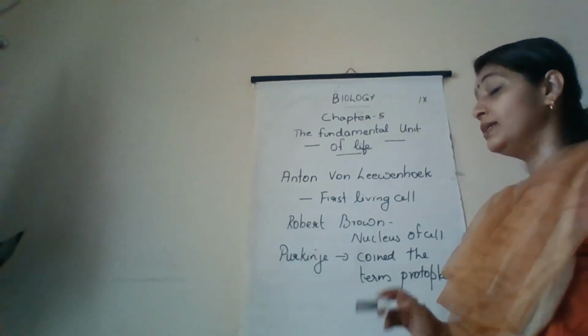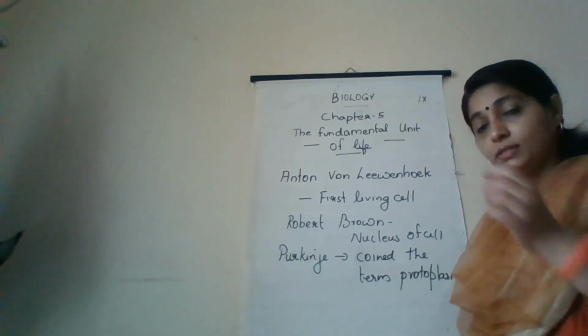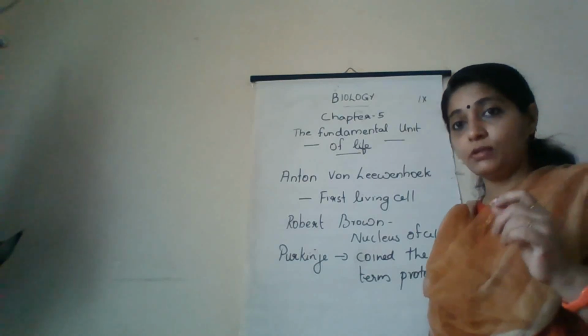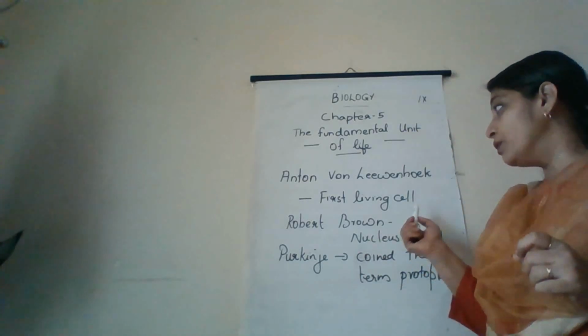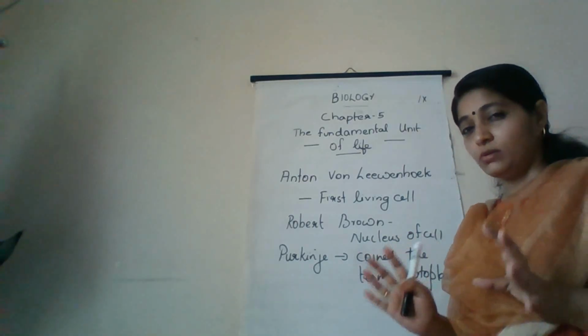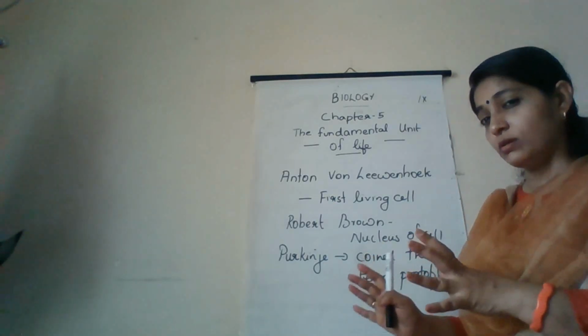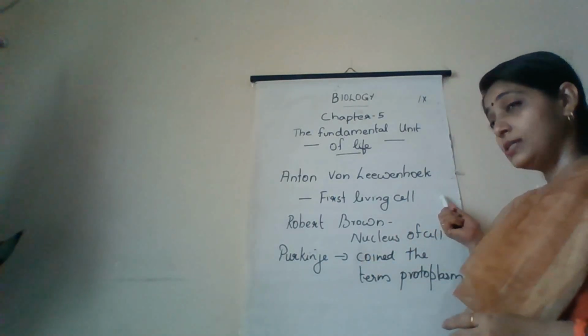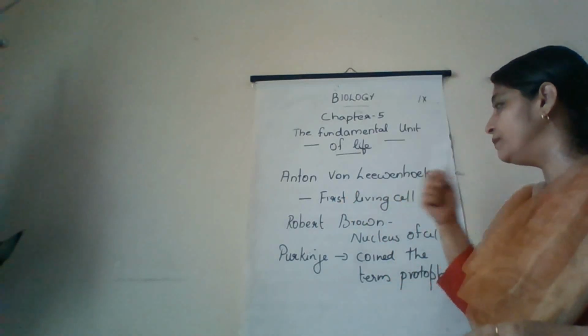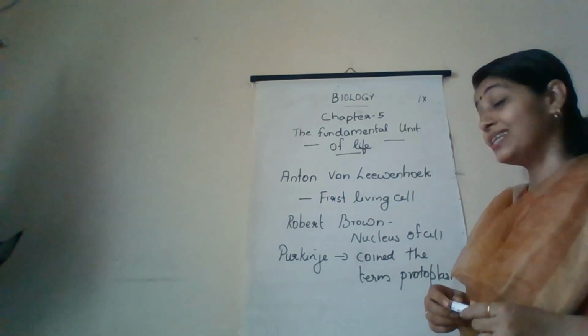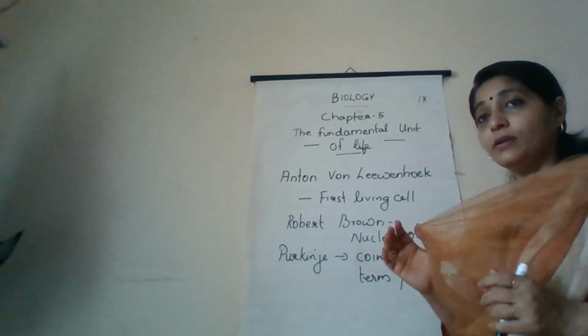When we deal with the history of the cell, we studied that the cell was discovered by the scientist Robert Hooke. The cell he discovered was not living. But another scientist, Anton van Leeuwenhoek, discovered the first living cells in water.